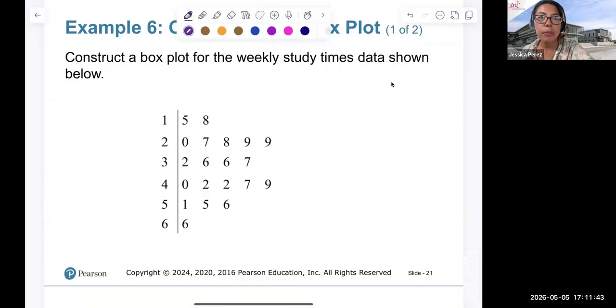So we wish to construct a box plot for the weekly study times in the data shown below. So the first thing is that we want the minimum point. The minimum point is 15 and the max point would be 66 from the data.